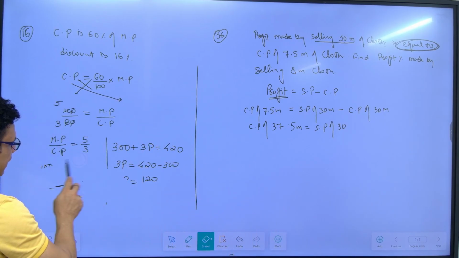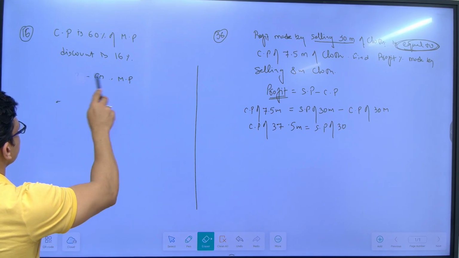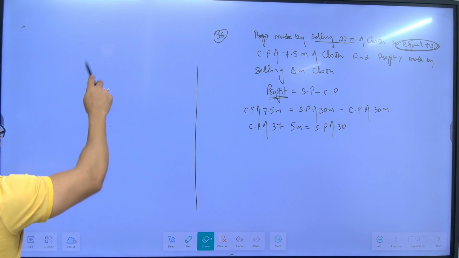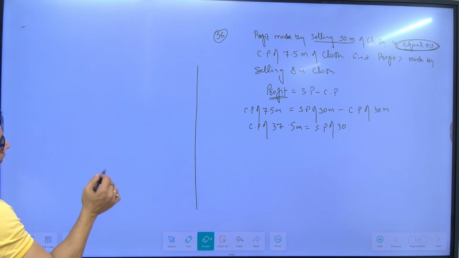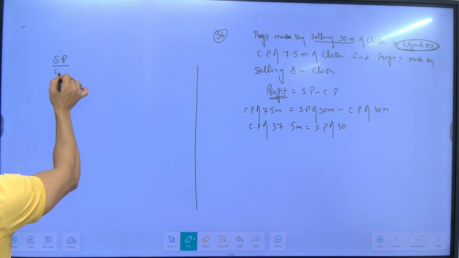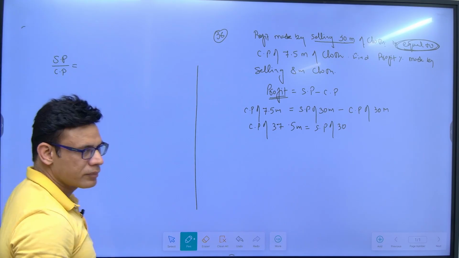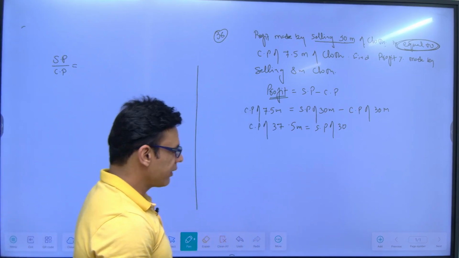Simply find out the ratio of selling price over cost price. Selling price over cost price will give you how much?